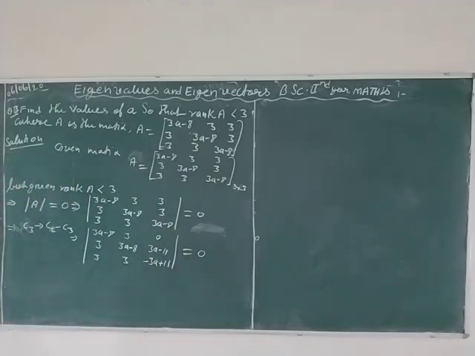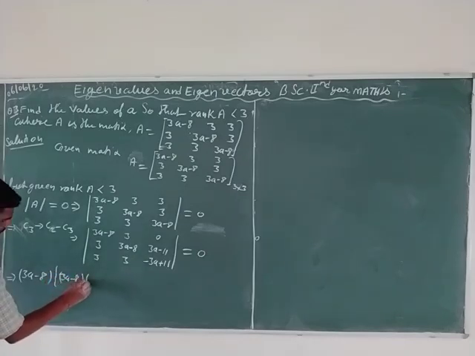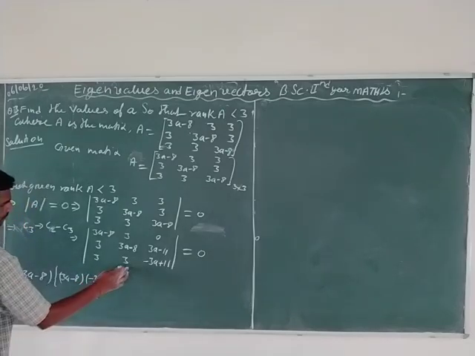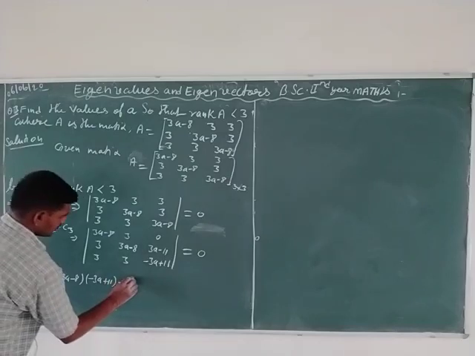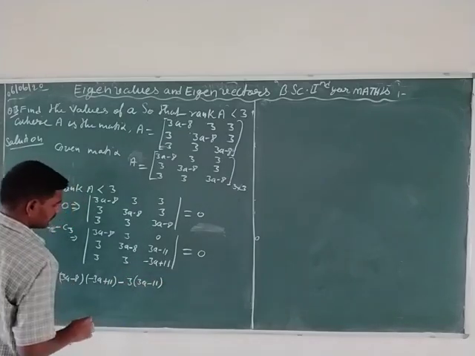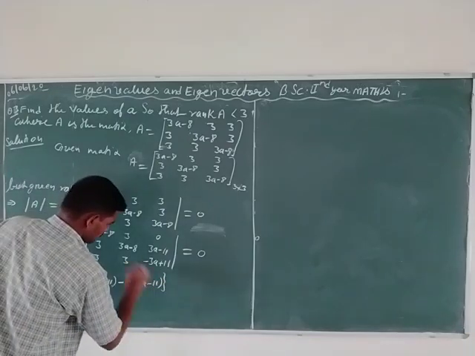After this, expand the determinant. Write it in the form 3a minus 8 in bracket, and in the second bracket, first row and first column eliminated: 3a into 3a minus 8, into minus 3a plus 11, minus 3 times of 3a minus 11 in the first bracket.